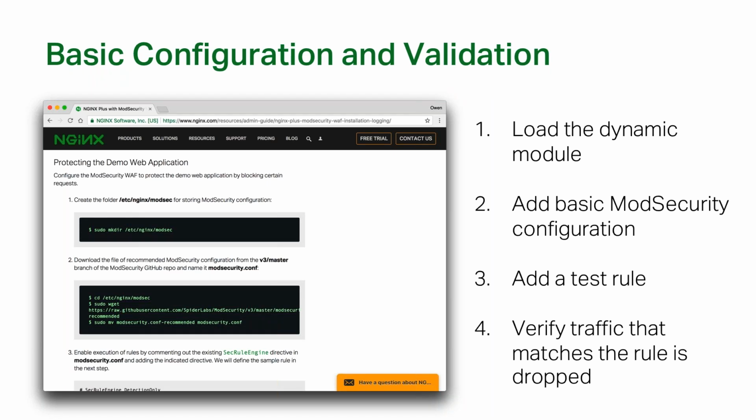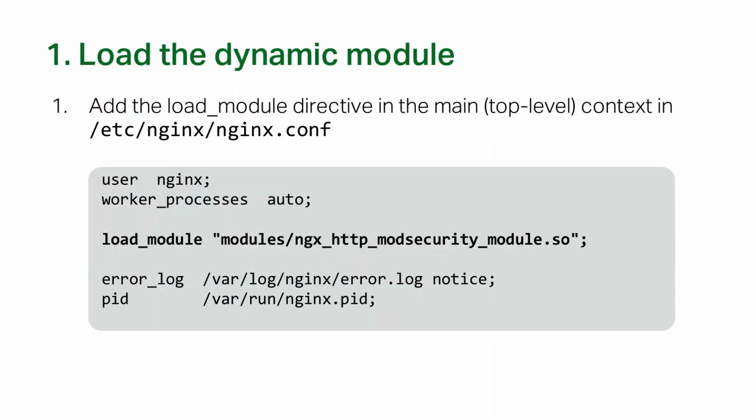It's well documented on our website. You can hit the admin guide for NGINX and follow the instructions on build, deploy, and configure. The admin guide talks through creating a simple web application and then creating a simple ModSecurity rule to block particular traffic so that you can then verify that ModSecurity is operating correctly.